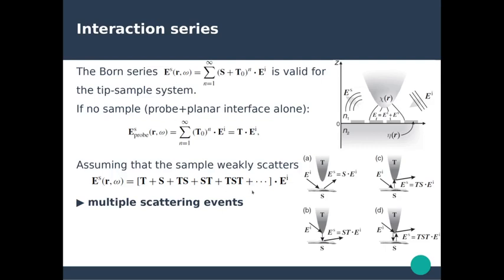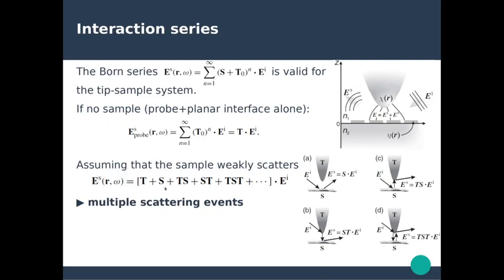And then you can look at other terms. The last term that is shown here, TST, is tip, sample, tip. That's why we chose those notations. It's easier to actually see those events. So the incident field scatters off the tip, back to the sample, scatters from the sample back to the tip, and then scatters to be detected. And of course, you can clearly see that this is an infinite series, an infinite sum of terms. You can scatter back and forth infinitely between the tip and the sample.